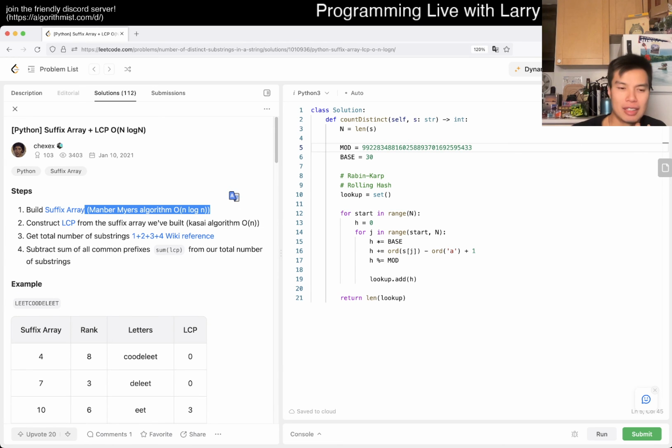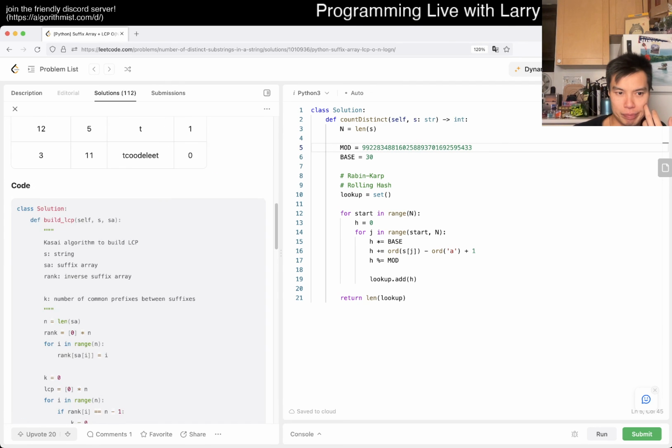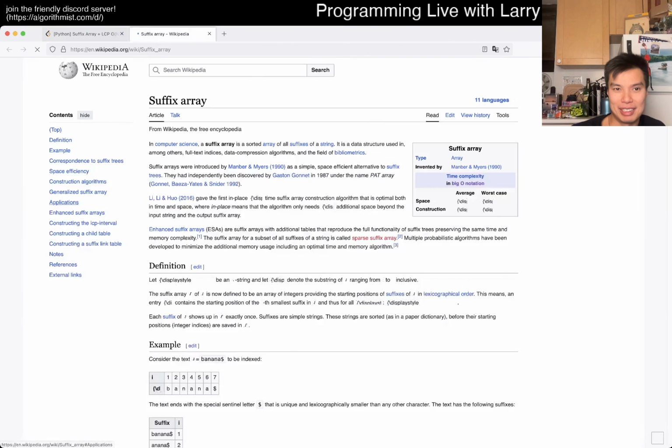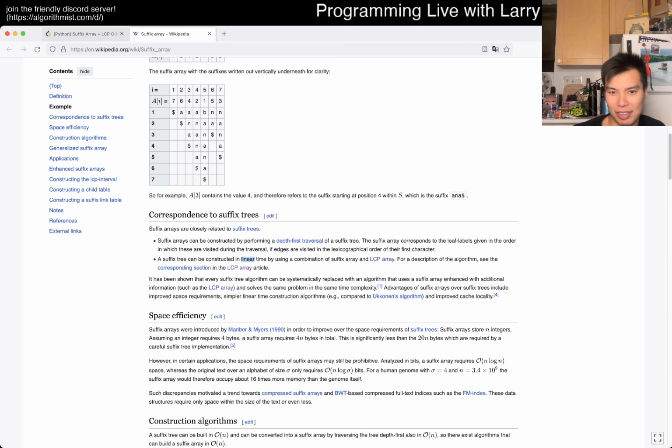Okay, yeah. I was thinking about doing LCP from suffix array, which is what I was going to say. And of course, for suffix array there is a linear solution, but as I say, that is a ridiculous one. Whatever function, maybe it's on Wikipedia. Yeah, still linear. Oh yeah, Aho-Corasick algorithm.